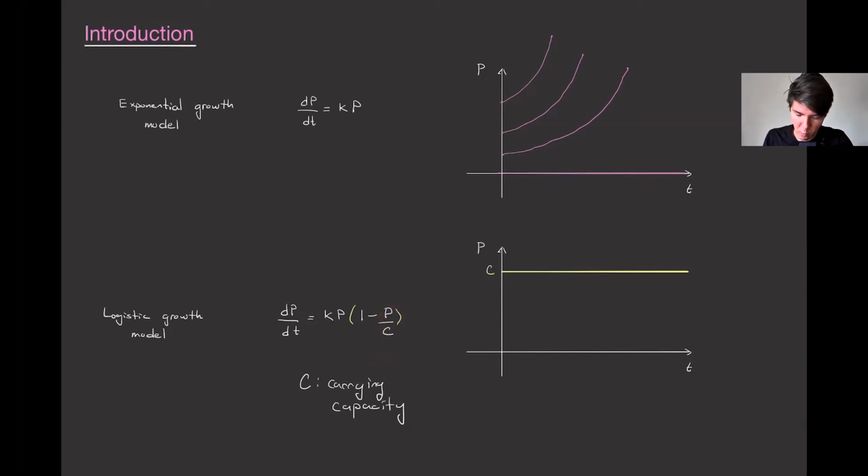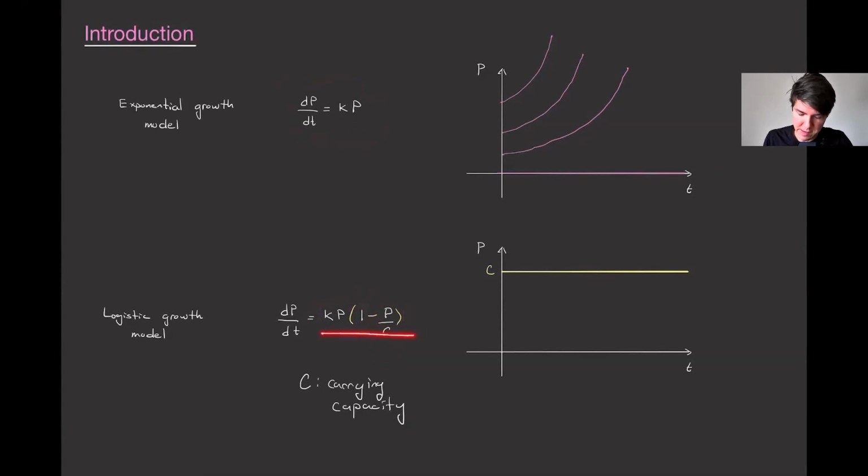You just have 1 times K times P. So when P is really small, this term disappears and you essentially recover the exponential growth model. Then when P is really large, let's say, when it's close to C, then you have roughly 1 minus 1. So you have 0.